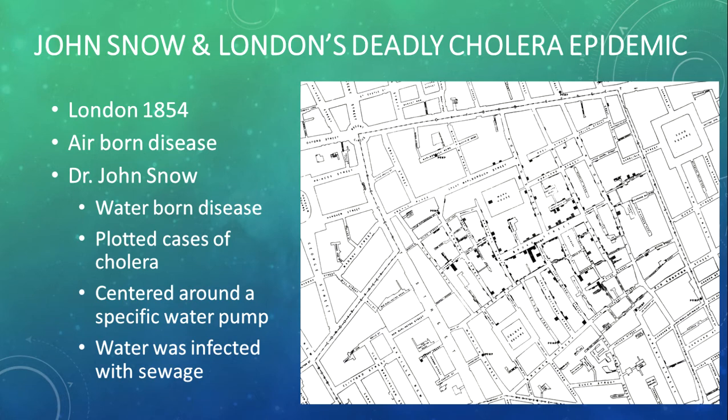Once they cleaned out the water pump and got clean water going through it again, it seemed like the cholera epidemic started to decline, and the deaths declined. So he realized that cholera was more of a waterborne disease than an airborne disease.